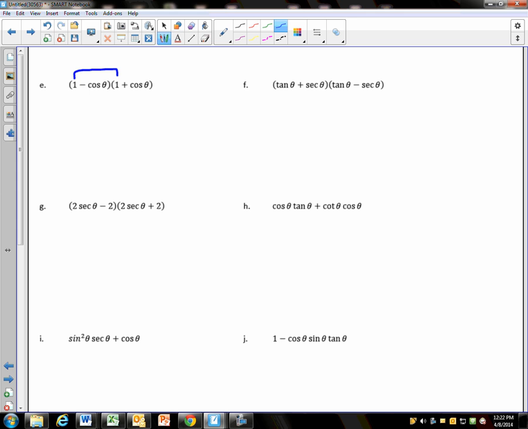So he's going to foil this out. 1 times 1 is 1. 1 times cosine is cosine of theta. Negative cosine of theta times 1 is negative cosine. And then I get negative cosine squared. What do you notice? They cancel.